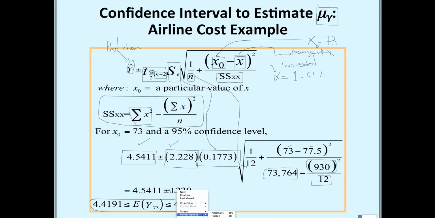I wish I knew how to erase that. Unfortunately, I don't. But it is 0.12220. So for all flights that carry 73 passengers, the average cost is between 4.4191 and 4,663. That's a very strong, 95% confidence. With 95% confidence, you're sure that the average outcome is between these two numbers.